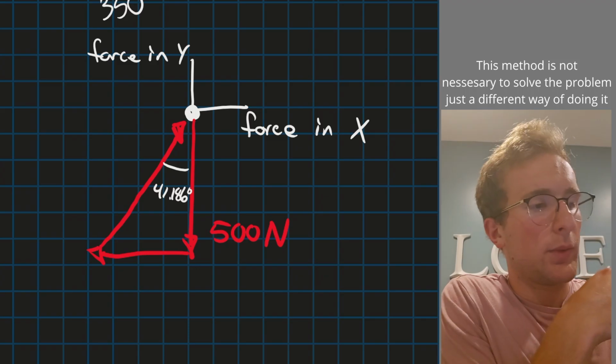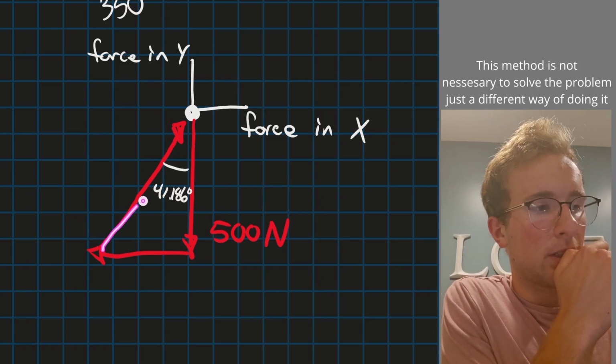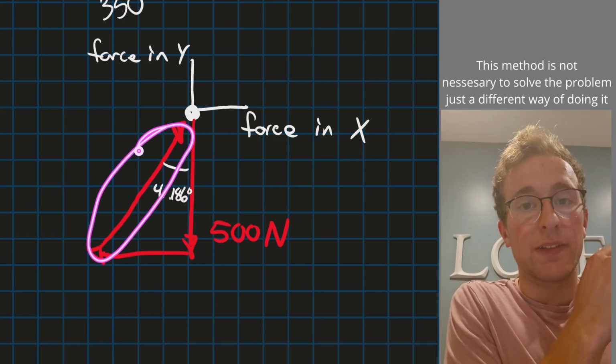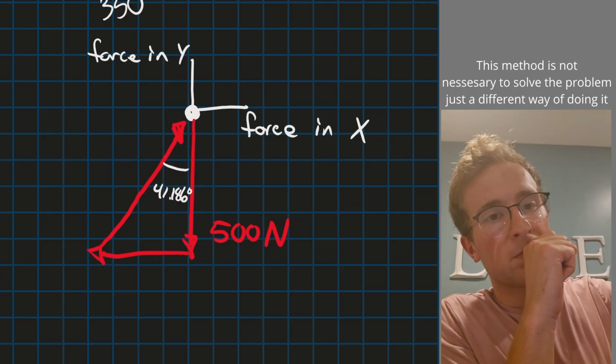So we found its direction, and we're trying to find this reaction vector's length, or magnitude.